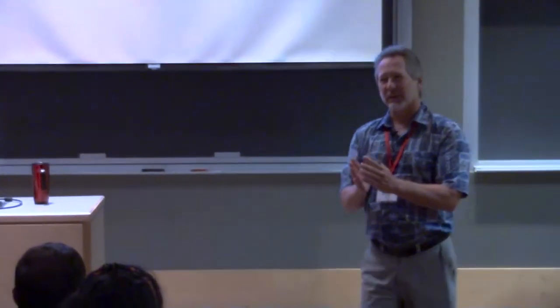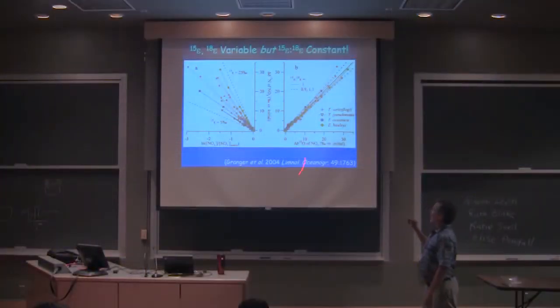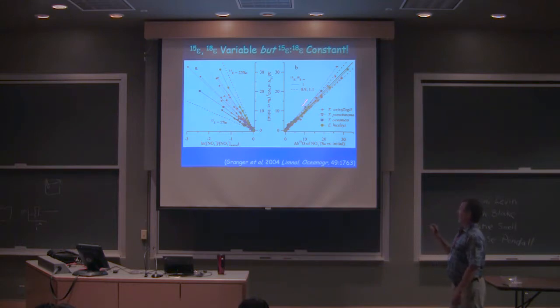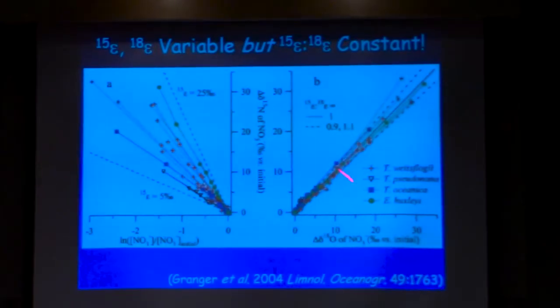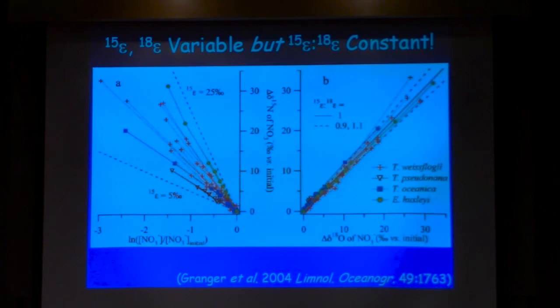And that tells us something. It tells us that the major step in assimilation of nitrate by phytoplankton has one dominant fractionation mechanism. And this relationship between 18O and 15N gives us clues to what that should be. It should be equivalent. It should be a ratio of 1.